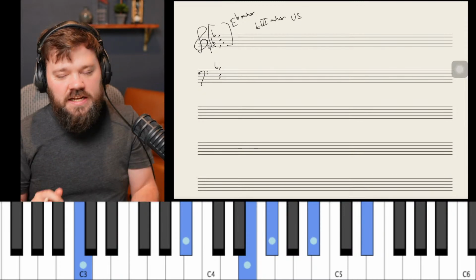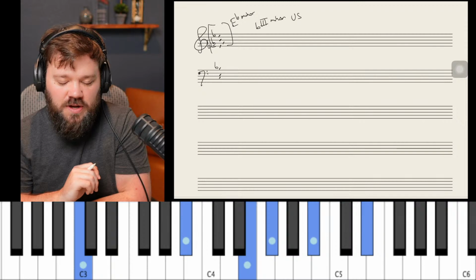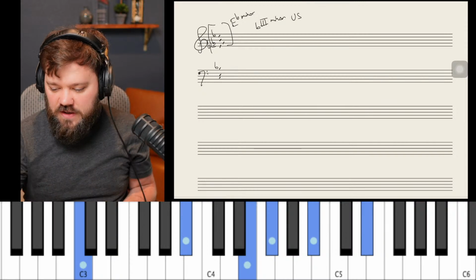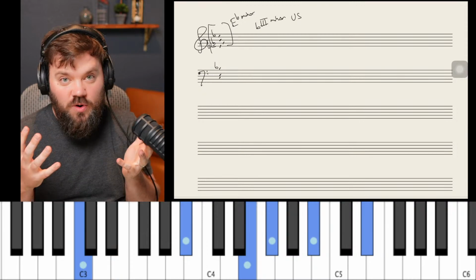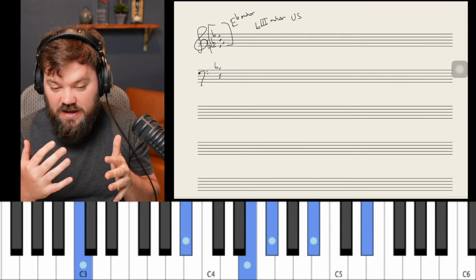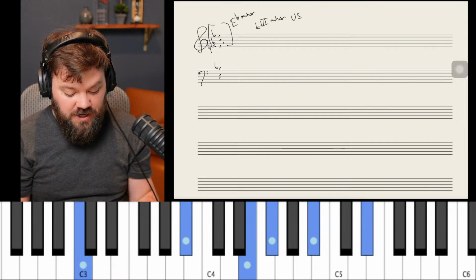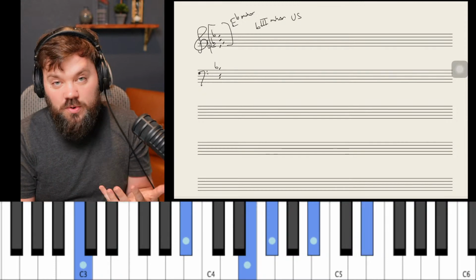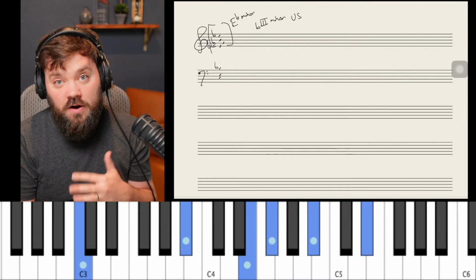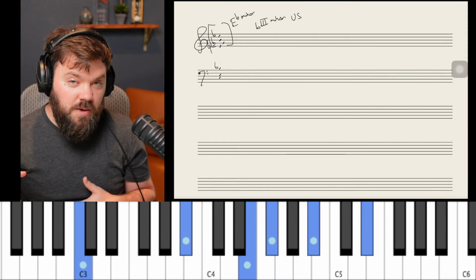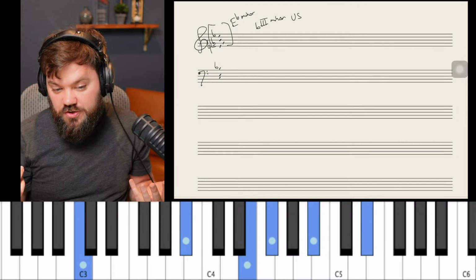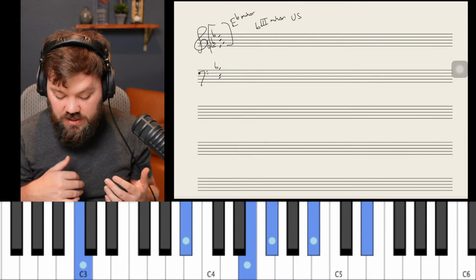Now that isn't really a technical term. Maybe somewhere there are pianists talking about all the different options, but when we're talking about upper structure triads, there are usually the major options, meaning the major chords that we can use on top of dominant chords, and then there's the minor options.